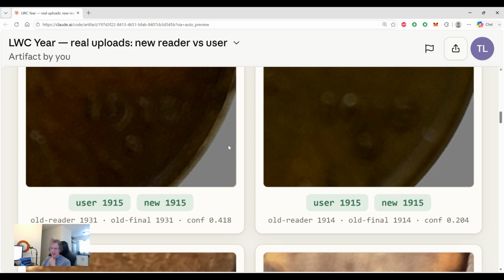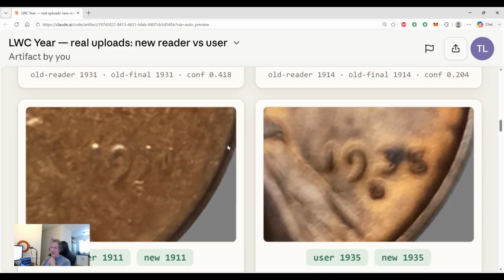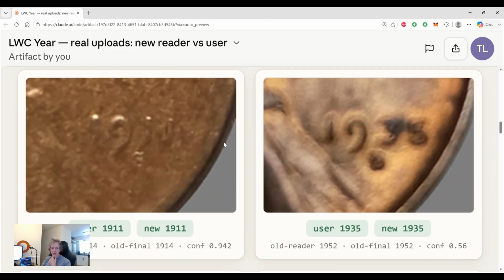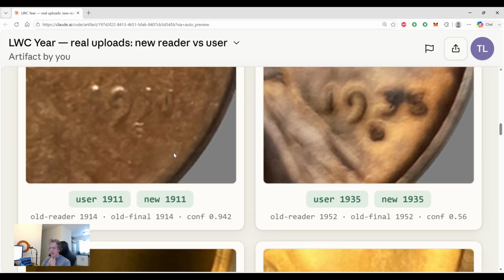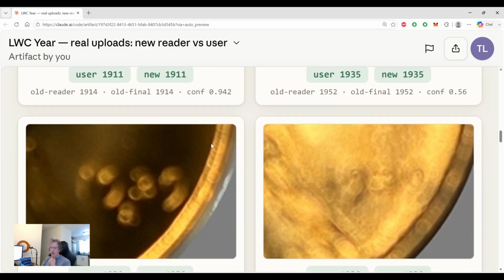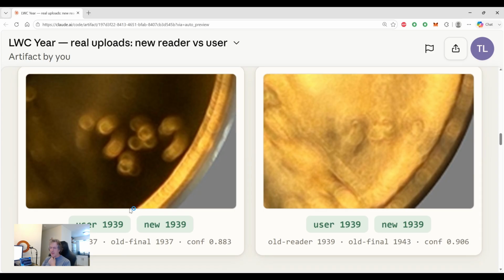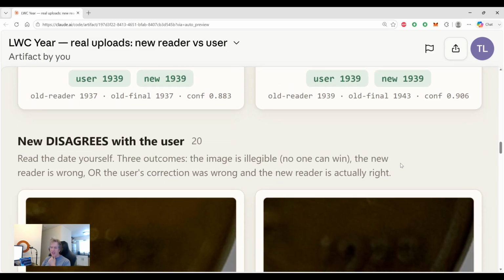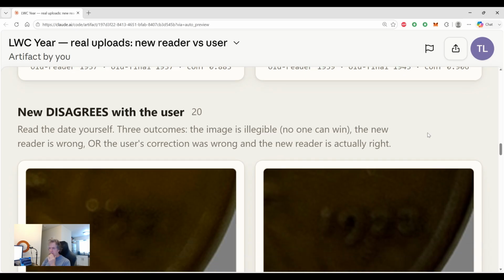You can see why it might say 1914 here, although it's nice that the new one is clear at 1909. Whoa! I'm just amazed that it gets this right. Wow. Okay, now here are the ones where the new one disagrees with the user.